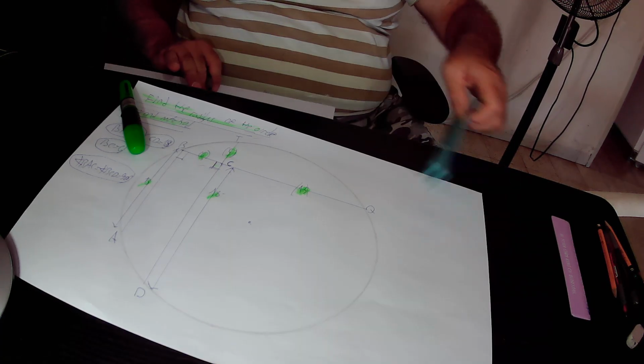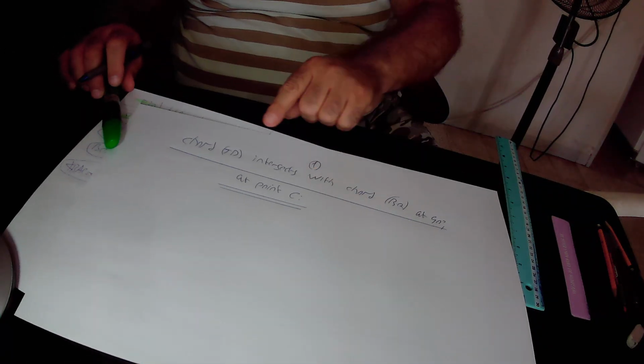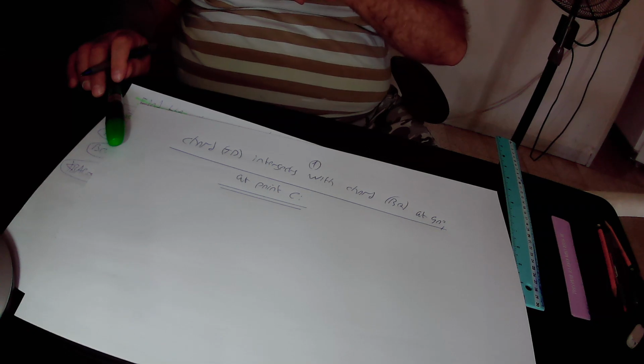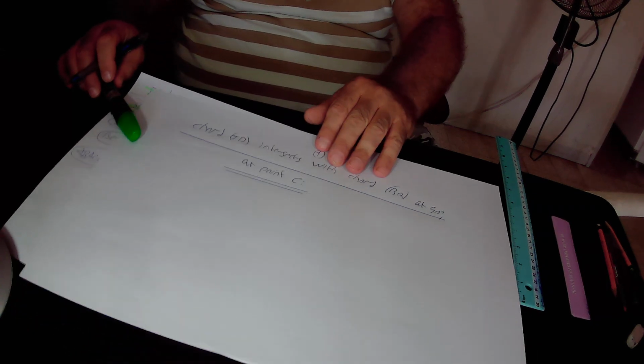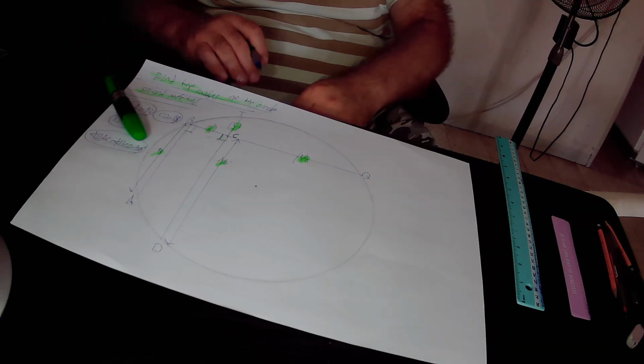But again, in our drawing, chord TD intersects with chord BQ at 90 degrees at point C. So all the requirements of Rule 26 are satisfied, and therefore we can implement Rule 26.